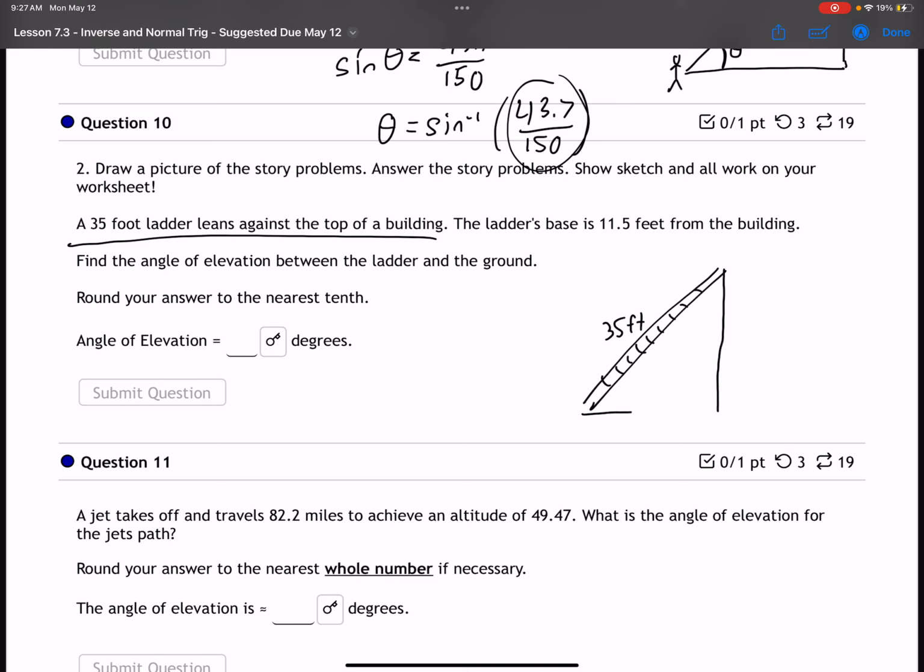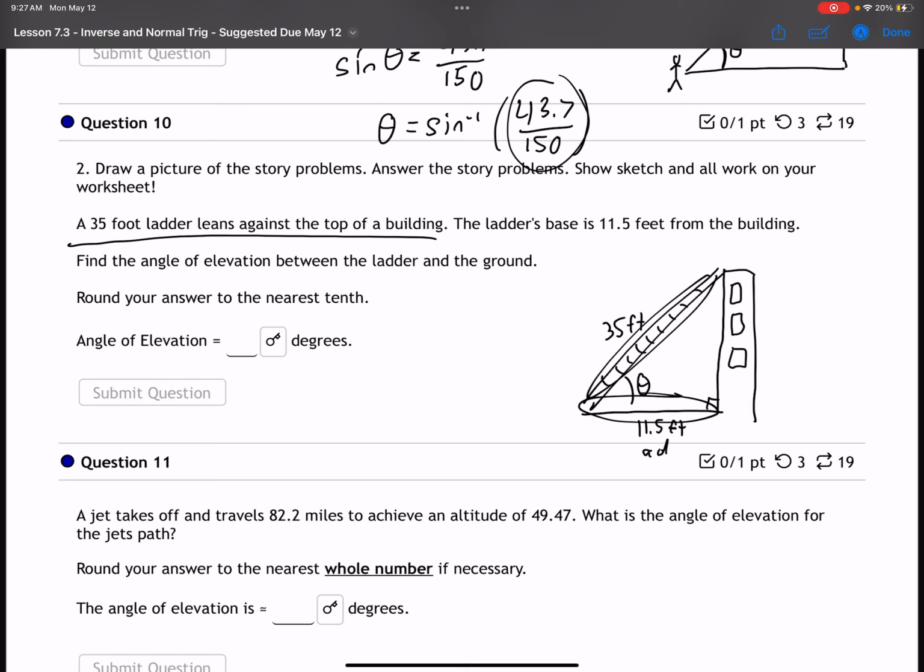The ladder's base is 11.5 feet from the building. Notice that here would be the building. And they say it's 11.5 feet away from it. Find the angle of elevation between the ladder and the ground. The angle between those is right here.